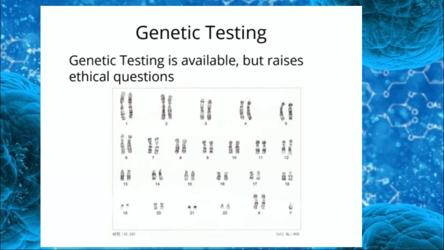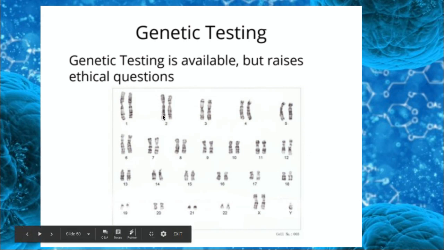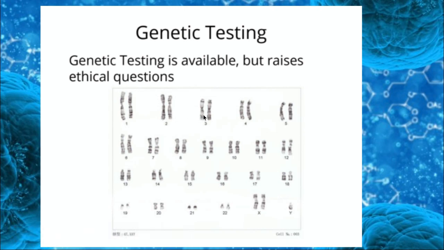Now, besides non-disjunction, there are a couple of other ways that abnormalities arise, and they have to do with the chromosomes themselves being mutated during replication and not being caught. So replication errors, and we'll talk about replication second semester, include deletions in the DNA, inversions where it's swapped around, and translocations where genes from one chromosome, like chromosome 2, are located and added onto chromosome 3.